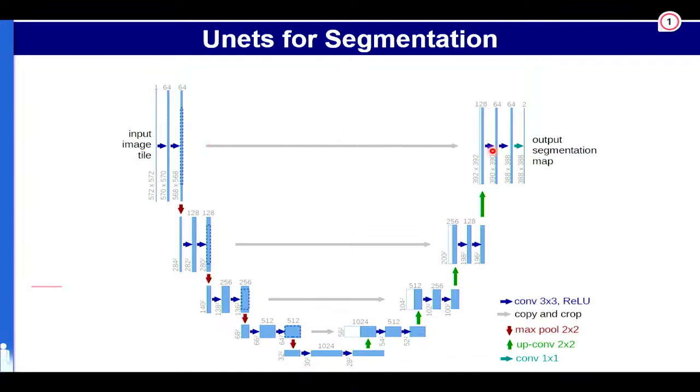So the shortcuts that come from the ResNet that I mentioned before, together with the historic structure like a letter U, are called U-Nets.